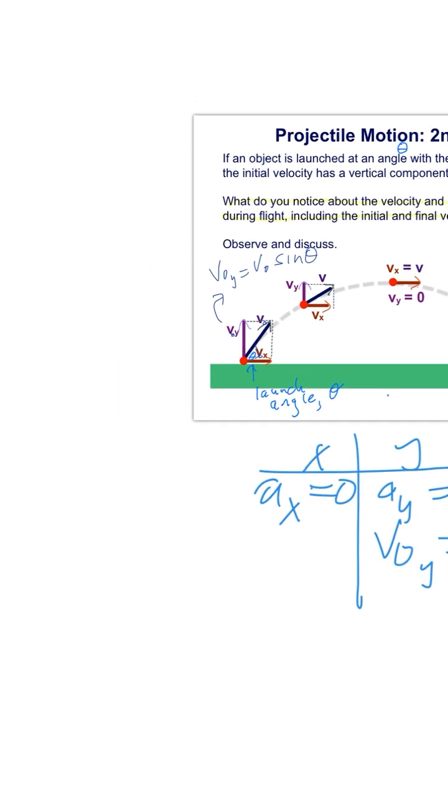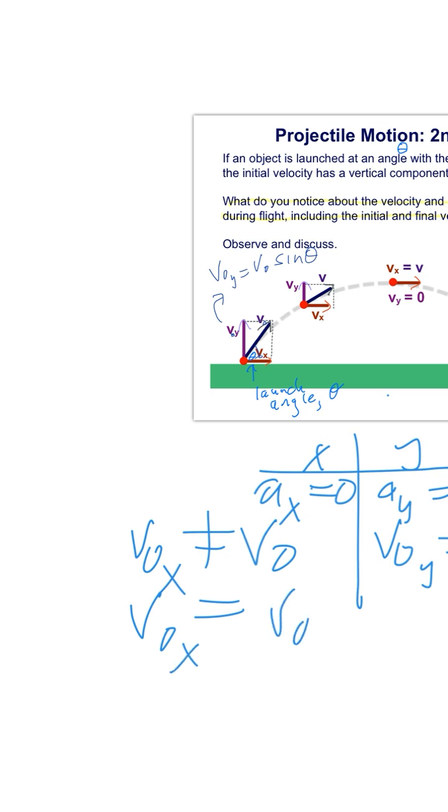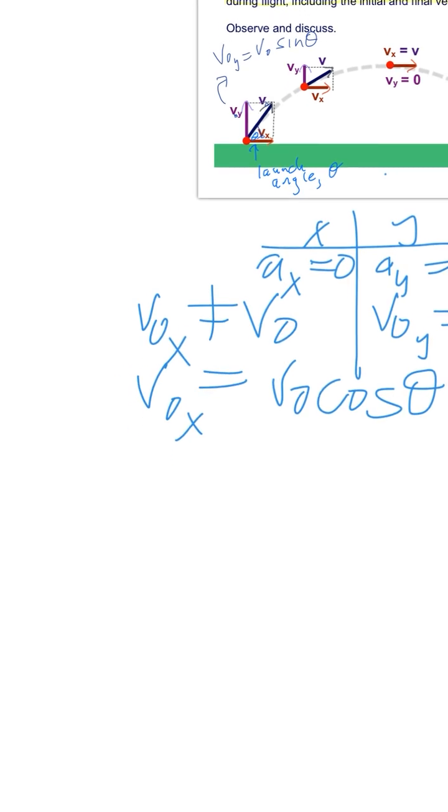And VOX is not going to be equal to VO anymore. VOX is going to equal VO cosine of the launch angle. Okay, so those are some differences and some likenesses.